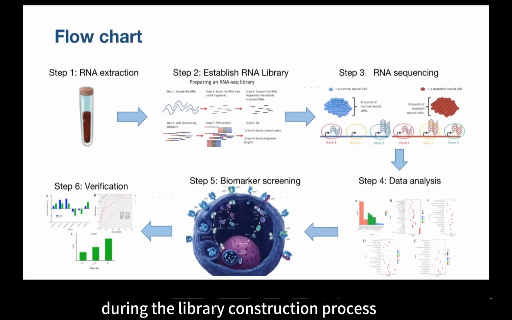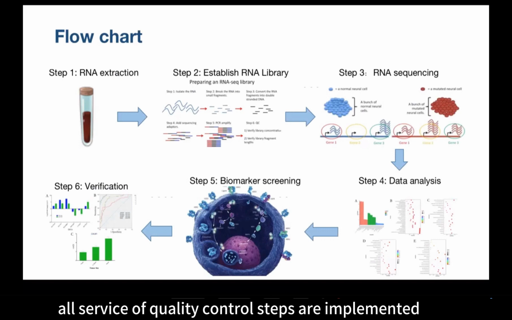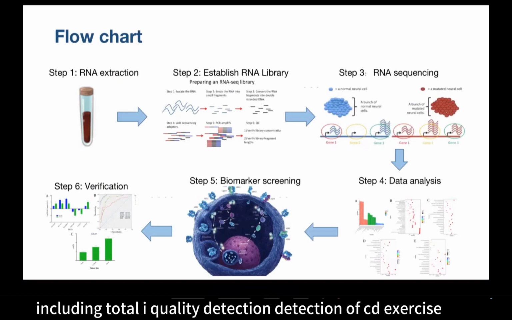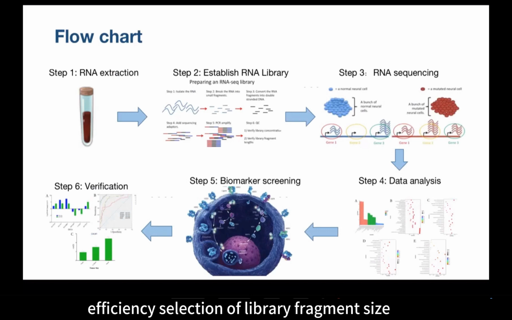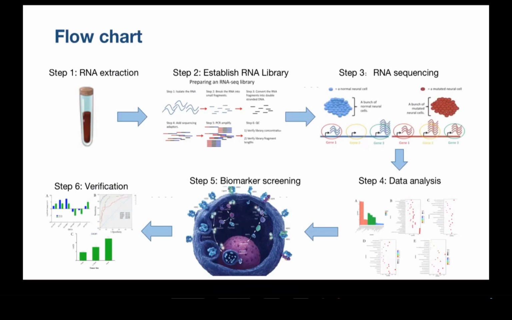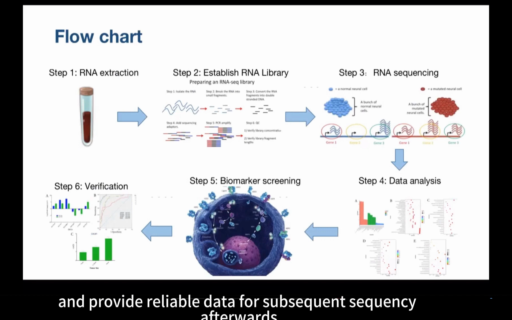During library construction, a series of quality control steps are implemented, including total RNA quality detection, cDNA synthesis efficiency, selection of library fragment size, and evaluation of library concentration. This helps to ensure good library quality and provide reliable data for subsequent sequencing.